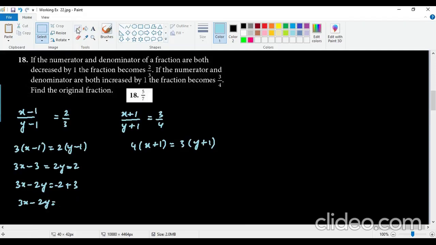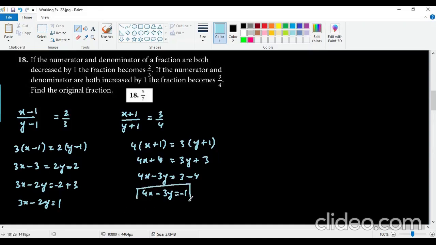Now this equation is 4x plus 4 and 3y plus 3. So 4x minus 3y equals 3 minus 4. So 4x minus 3y equals negative 1. These are the two equations we are going to deal with. So first equation says 3x minus 2y equals 1. Second equation becomes 4x minus 3y equals negative 1.